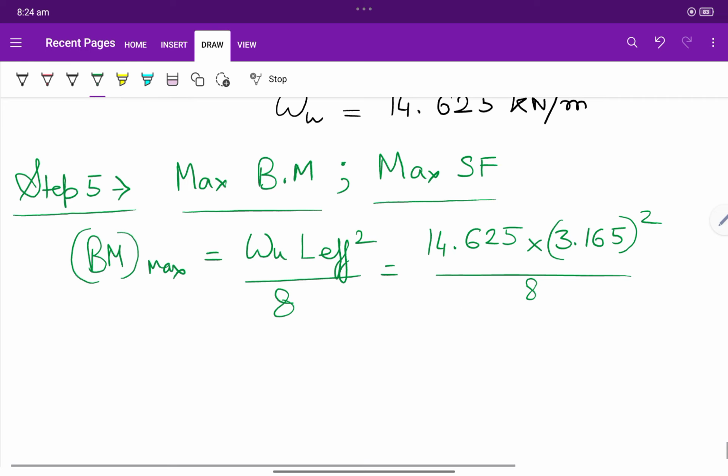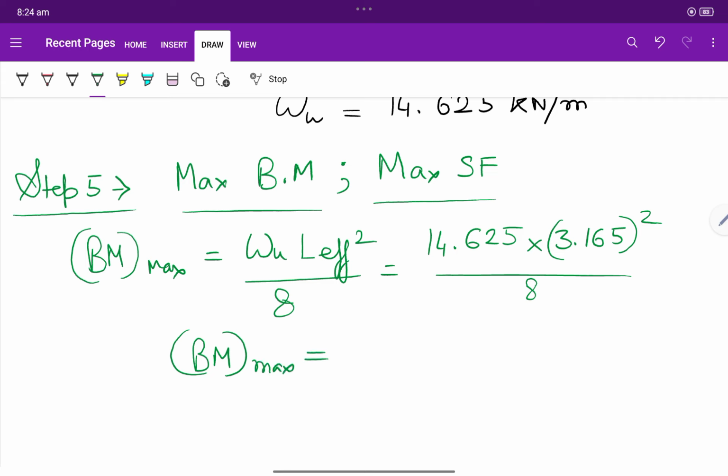If you calculate it, the bending moment comes to 18.31 kilonewton meter.